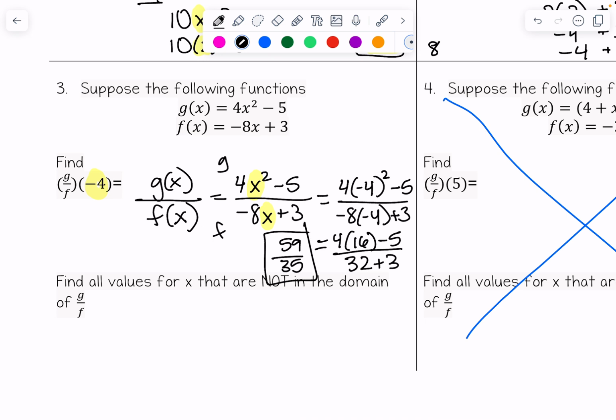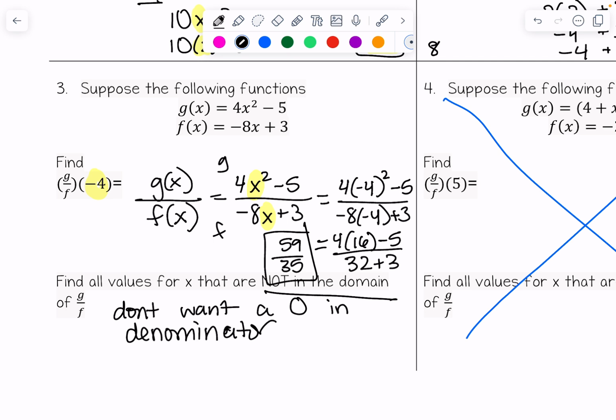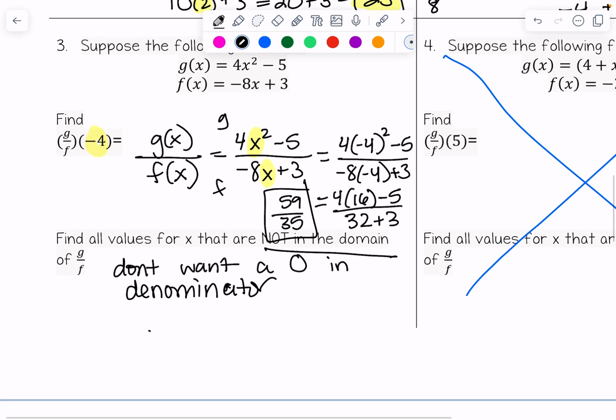Now, when we're asked what is not in the domain, if we had to merge these through division, I don't want a 0 in the denominator. So if I was going to have a 0 in the denominator, I would have to have negative 8x plus 3 equal to 0.